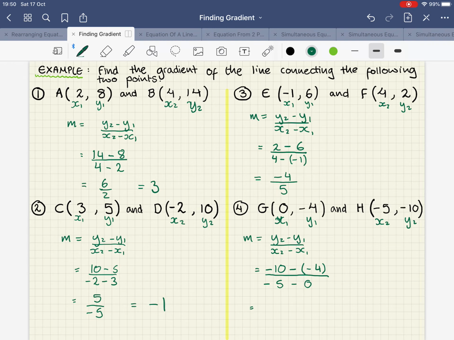So negative 10 take away negative 4 is going to be negative 10 plus 4, which gives us negative 6. Then negative 5 take away 0 is negative 5. But always watch out, these two negatives here, essentially they're going to both disappear and become positives. So my final answer is 6 over 5. Let me know if there are any issues, but that's the general gist of finding the gradient of a line.